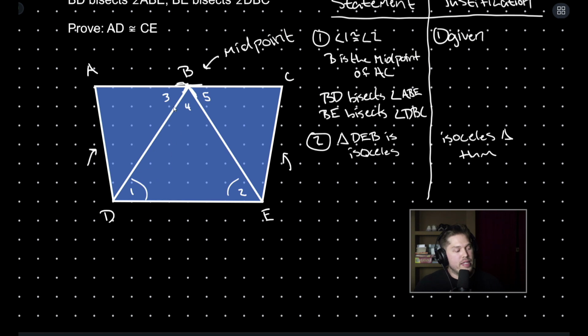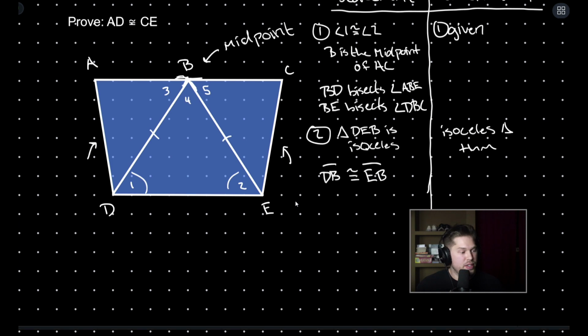Well, that means side length DB is going to be congruent to length EB. And this is really all under one step. This is all from the isosceles triangle theorem. So we know that these two sides are going to be equal because this is an isosceles triangle.